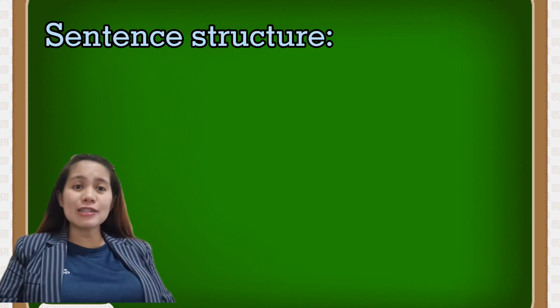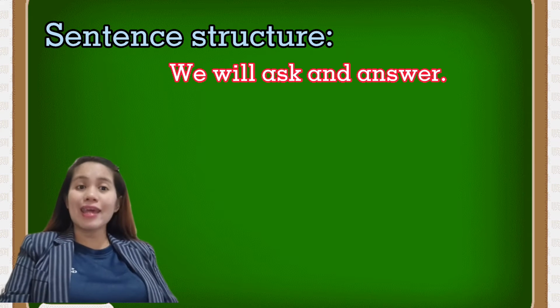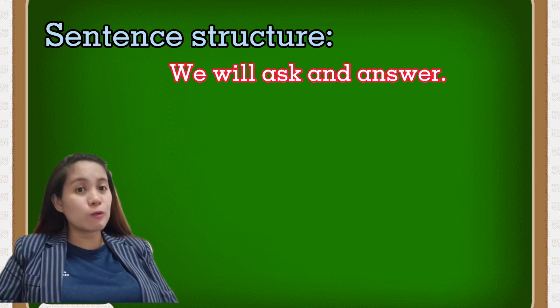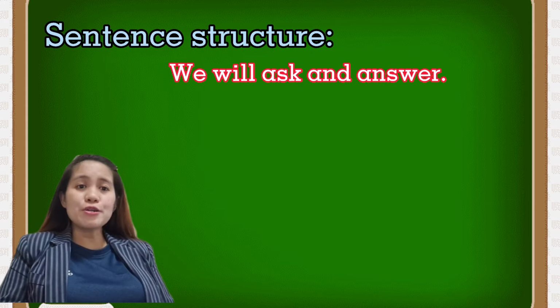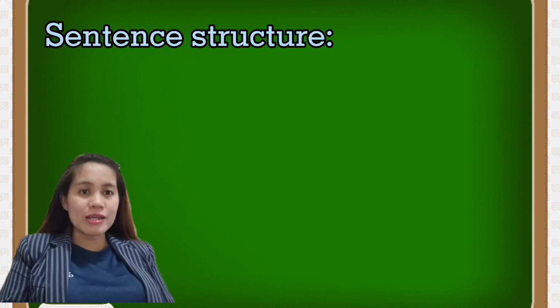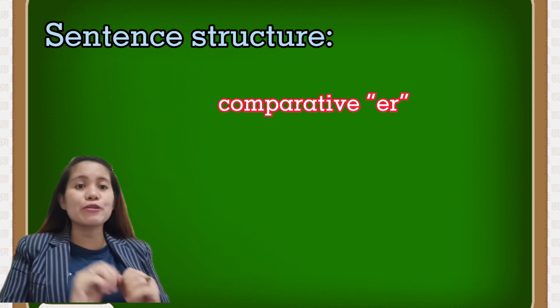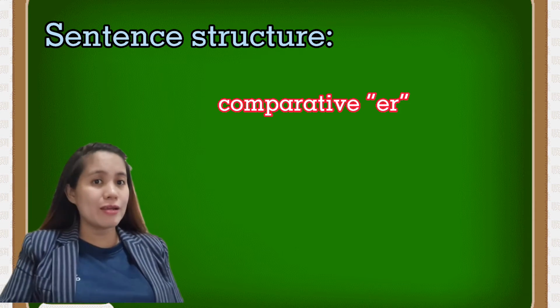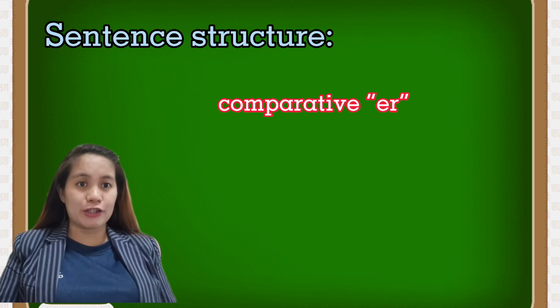In this sentence structure, we are going to ask and answer. So there is a question and the answer. We use the comparative, so we use ER, because we are going to compare two animals only in this sentence structure.